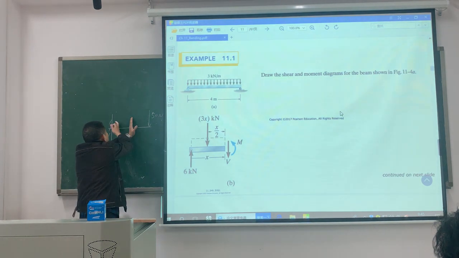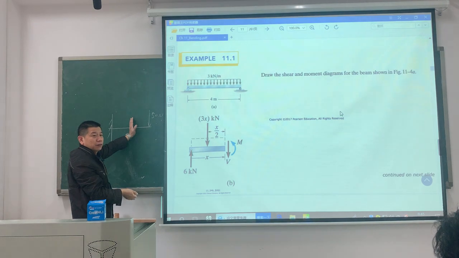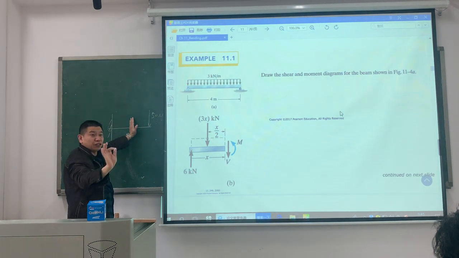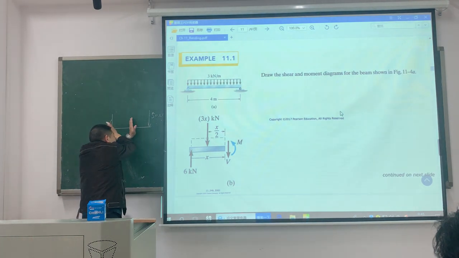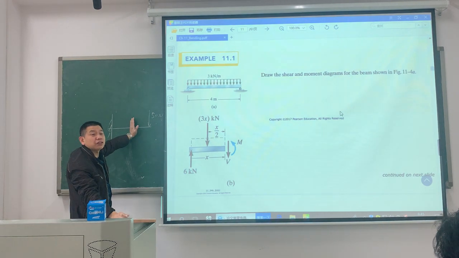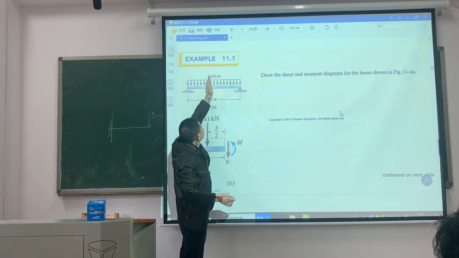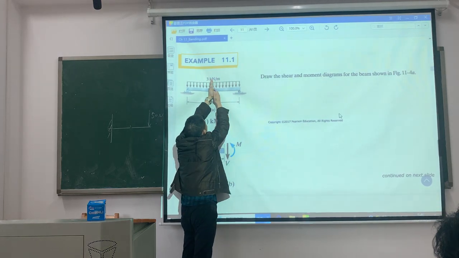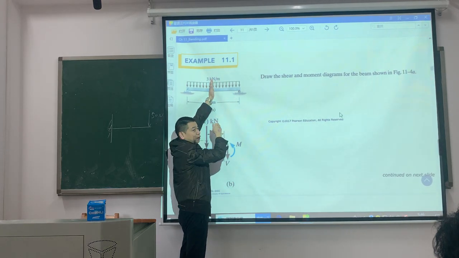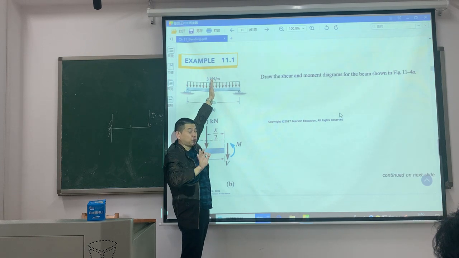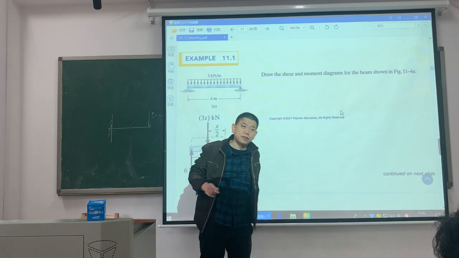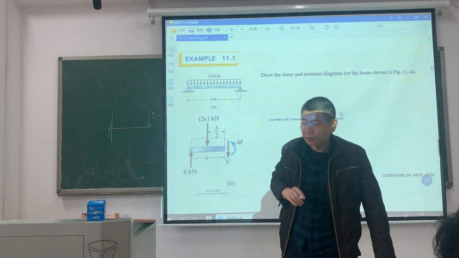If you consider the left part, the reaction we don't know. So you have to find the reaction. For this problem, suppose it is cut. For the right and the left part, there are forces we don't know. So we have to find the reaction at first.